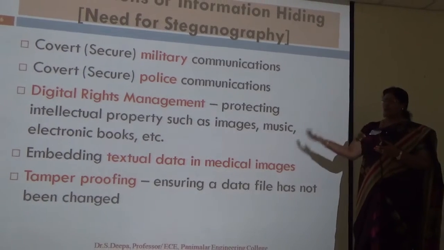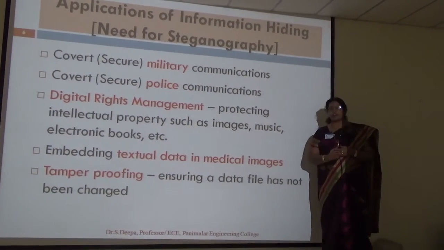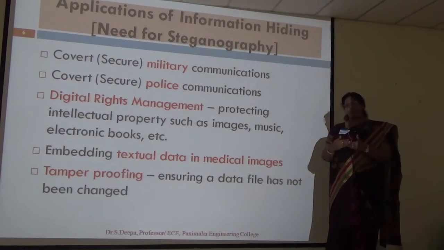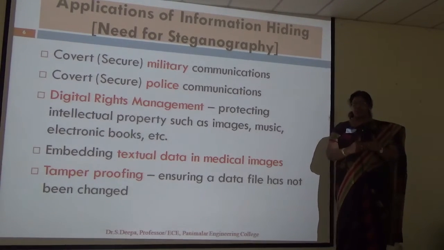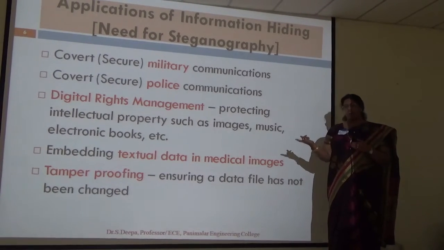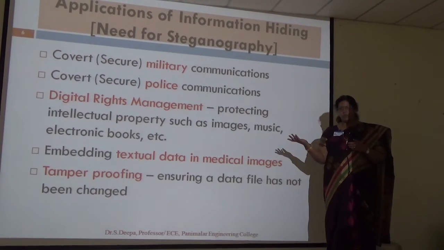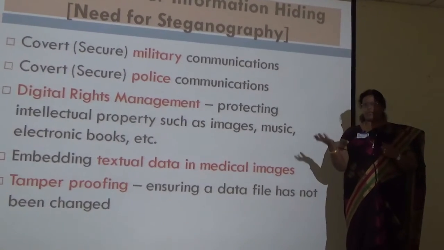So where do we use this steganography? Before going into the applications of steganography, all of us have a confusion: what is the difference between steganography and cryptography? In cryptography, the text is converted into cipher text, and everybody knows a message is being transmitted. The only thing is we will not know what the actual message is, because it is encrypted.